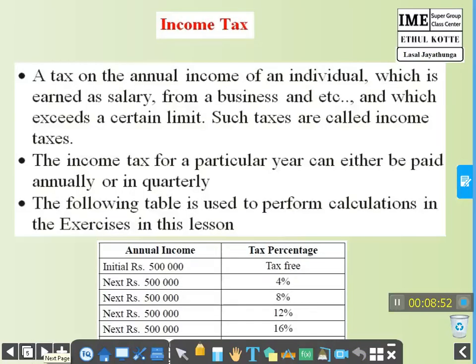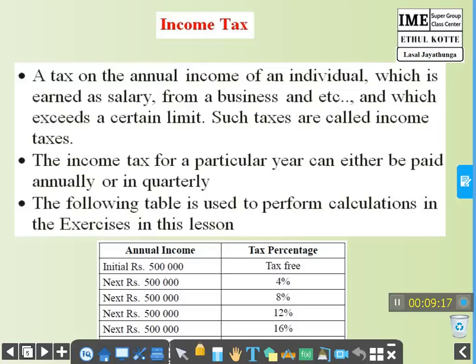Right. Next we have to study income tax. Income tax is applicable for a person having a higher income, who has to pay income tax according to the income of the person.